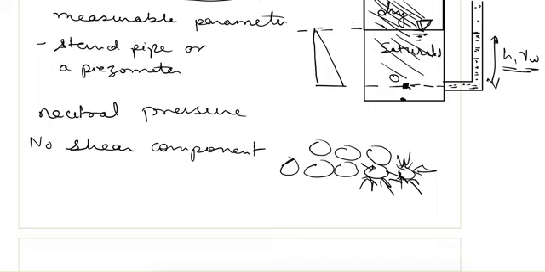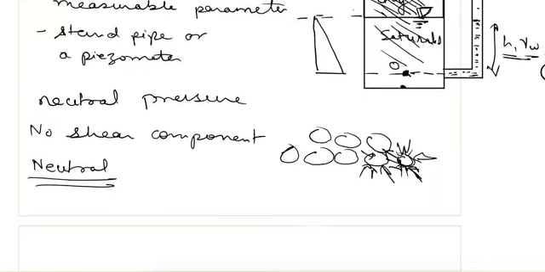So this pressure does not push the particle towards the other particle, or push it away from the other particle, so it is neutral. Because of that, it is called the neutral stress.